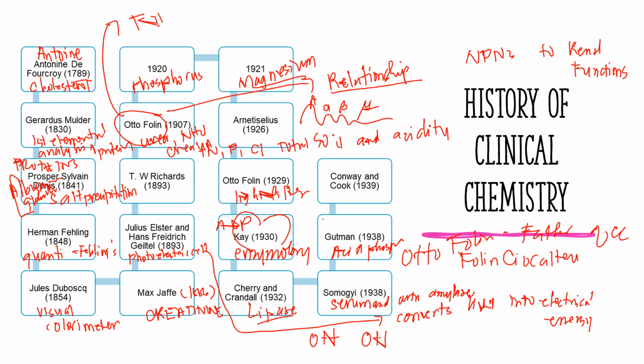Next, in the year 1939, we have Conway and Cook. Their contribution was the first method for blood ammonia.